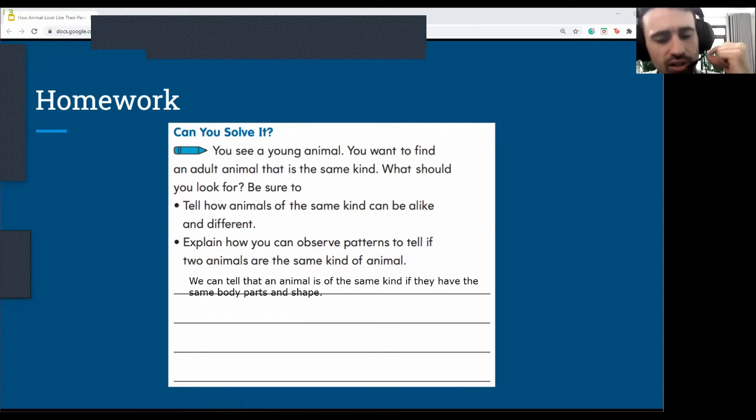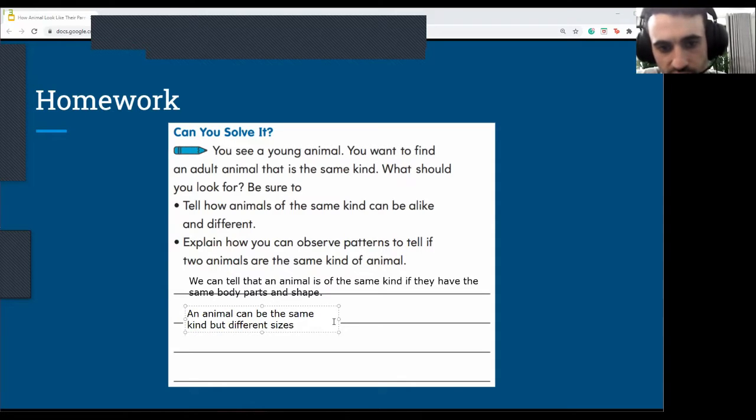Can the animal be the same kind but be a different size? Yes. So we can write that down as our next sentence. An animal can be the same kind but different sizes. Let's make this big enough.